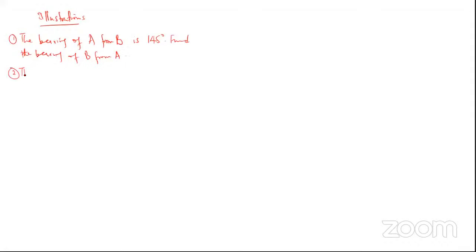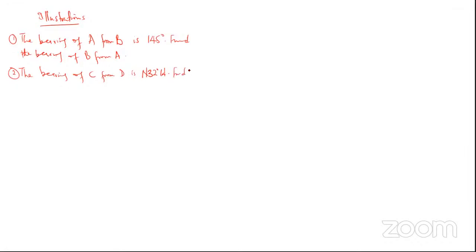Number 2: the bearing of C from D is 32 degrees, so 32 degrees west of north.